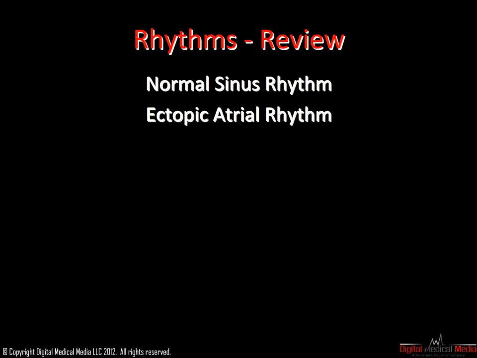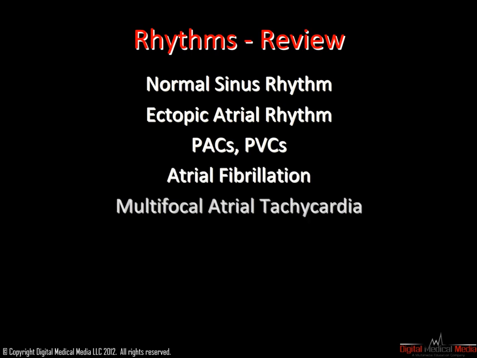Mild irregularities in the rhythm are usually driven by premature atrial or ventricular contractions. Severe irregularities in heart rhythm are usually driven by one of two rhythms, atrial fibrillation and multifocal atrial tachycardia.